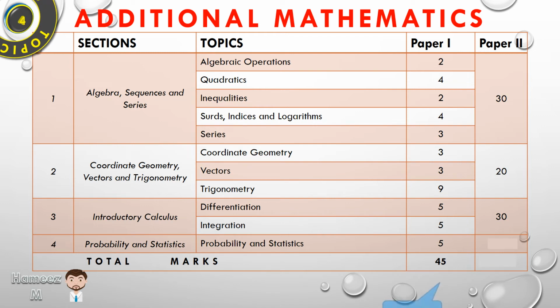And that is worth 30% of the final mark. And probability and statistics is worth 20 marks, which is 1 question, question number 6 now, in paper 2. So that will give us 30 and 20 is 50, 30 and 20 is 50, 50 and 50, 100 marks in paper 2. And 100 marks in paper 2 is worth 50% of a student's final grade.